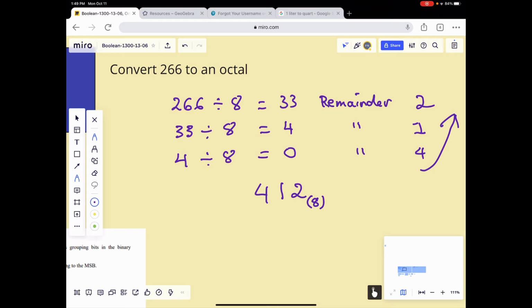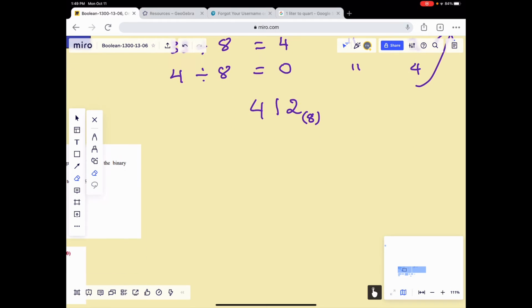Now, if you want to do that on a calculator rather than by hand, I'm going to erase this one.